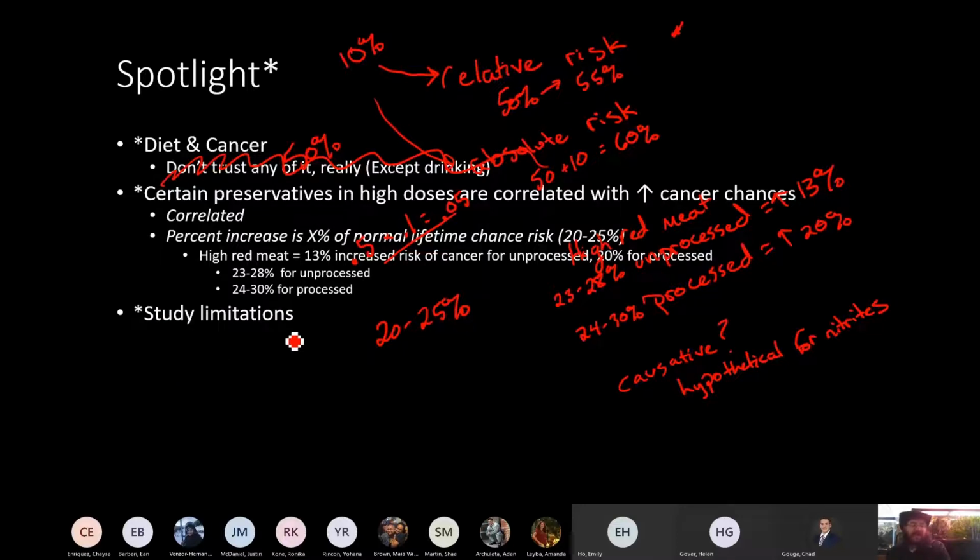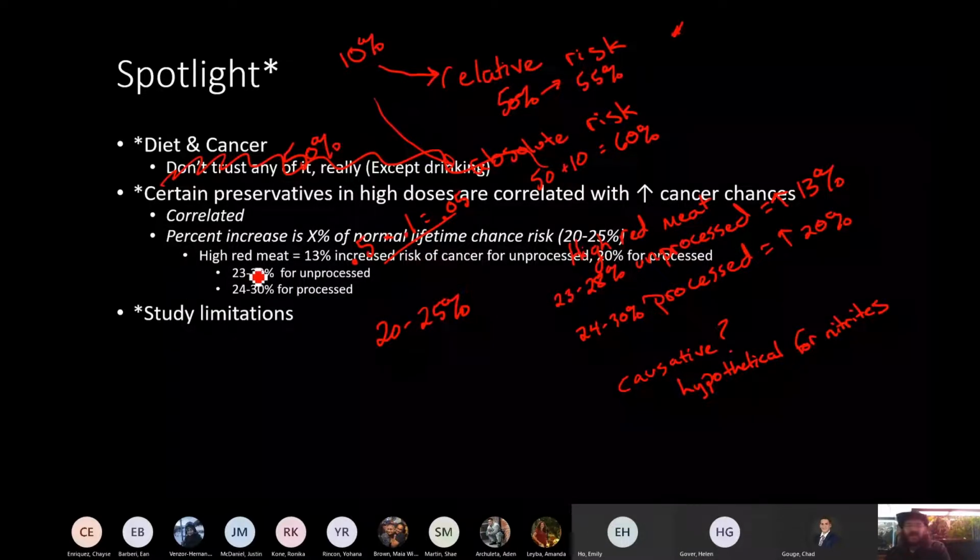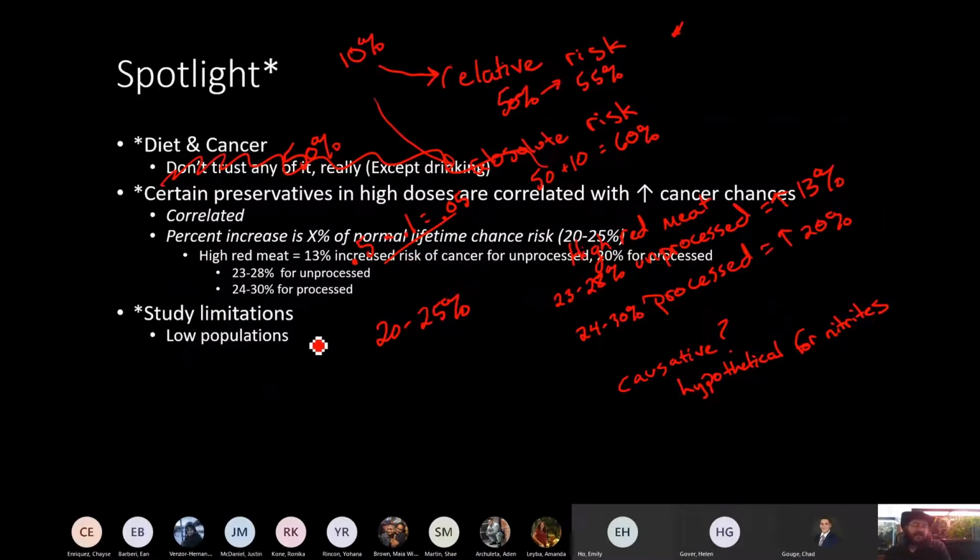And then here's a little thing on the study. This is all asterisk, which means this is not something you'd need to know for a test. So study limitations abound in studies on lifestyle and increased cancer risk, because how those studies work is they just send out surveys to like 10,000 people that say, please complete and return.